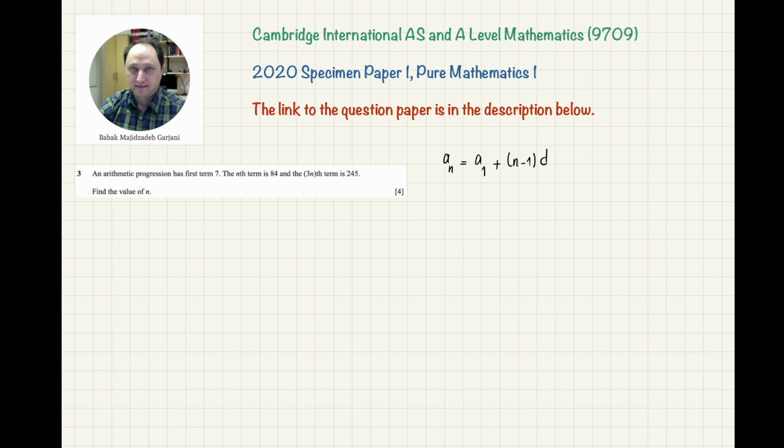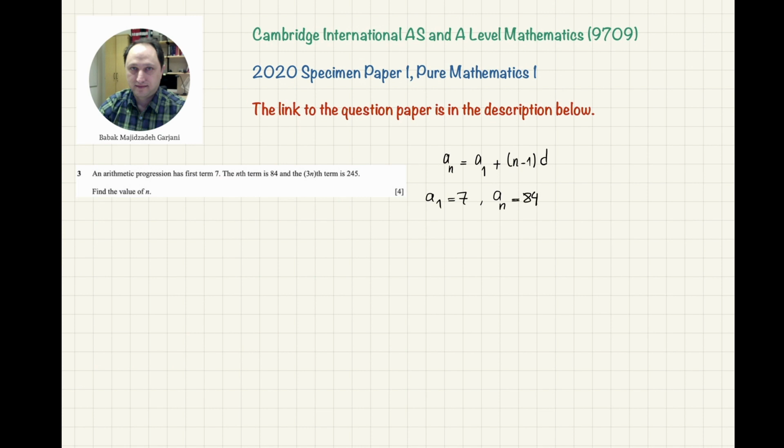According to the question, the first term is mentioned to be 7, so A1 is 7. The nth term is mentioned to be 84, so A sub n is 84.